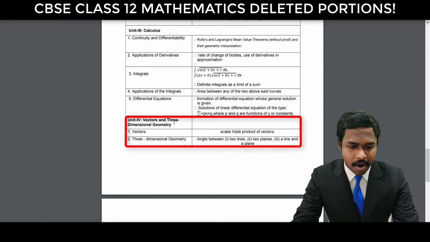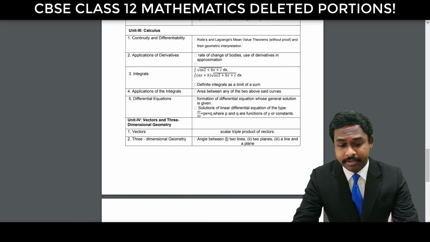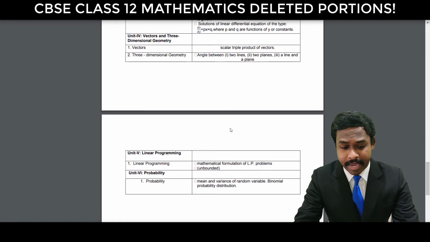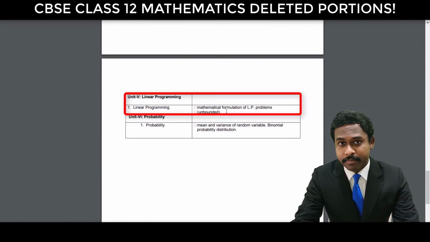Unit 4 is vectors and three-dimensional geometry. In vectors, you don't have scalar triple product of vectors, and in three-dimensional geometry, you don't have angles between two lines, two planes, and a line and a plane. And then linear programming is one of the most important concepts.